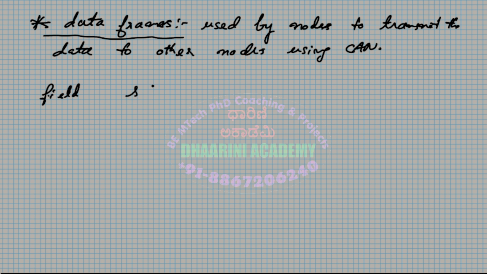I'll write the name of the subfield in a different column. Then we'll write the length. So what will be the length of each of them? This is what we need to remember whenever a question comes on the data frames, right? So the first one is called the start field.